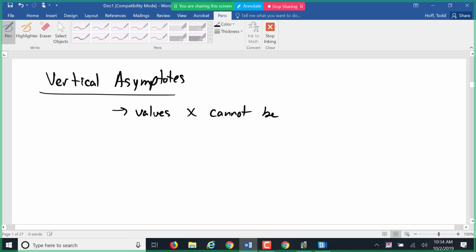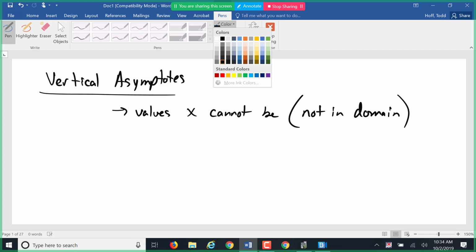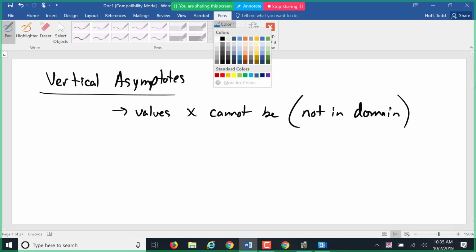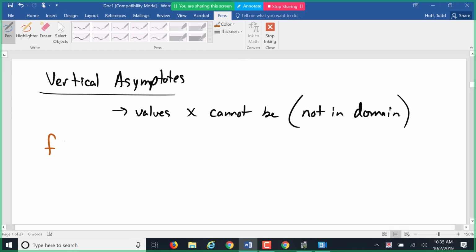In other words, they're values that are not in the domain of that function. However, not all values that aren't in the domain make asymptotes. So let's take a peek here. I'm going to look at the function f of x equals 2 over 3x minus 9.